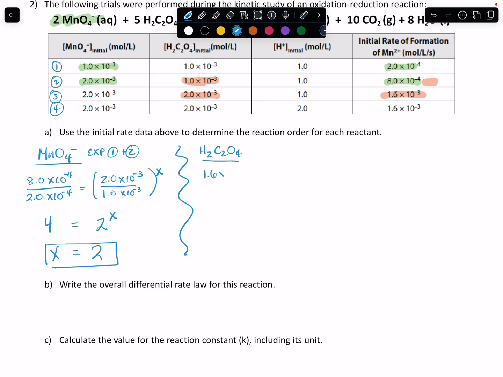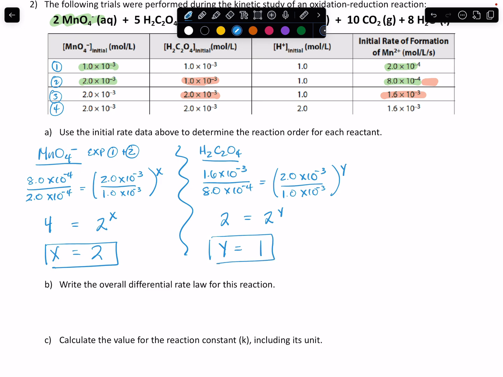All right, so 1.6 times 10 to the negative third divided by 8.0 times 10 to the negative fourth equals, and then on this side, 2.0 times 10 to the negative third divided by 1.0 times 10 to the negative third raised to some power. I'll make it y this time. All right, so I do my divisions. I have 2 equals 2 raised to the y. So in this case, y is going to be equal to 1. So it's first order in reference to oxalic acid.